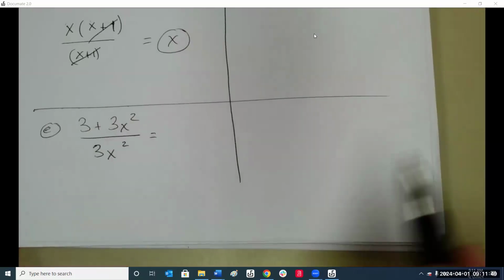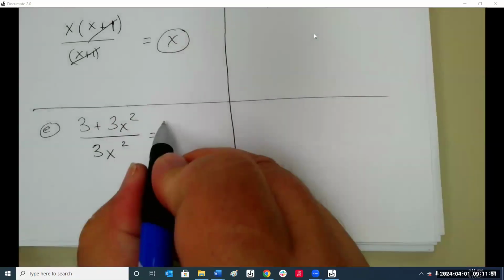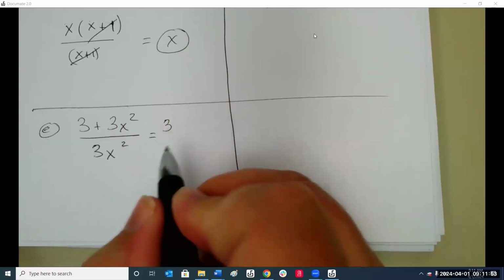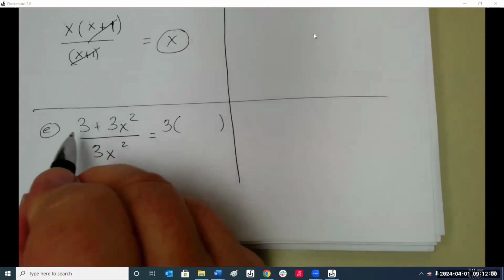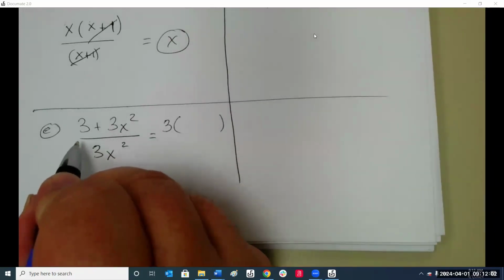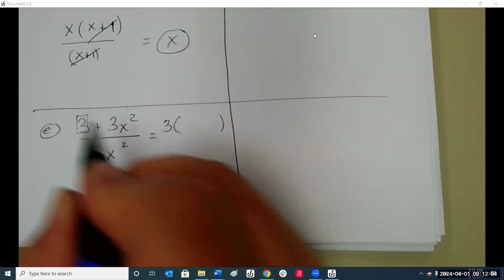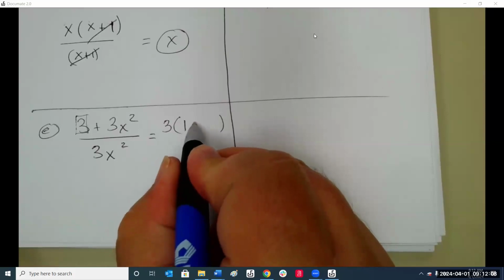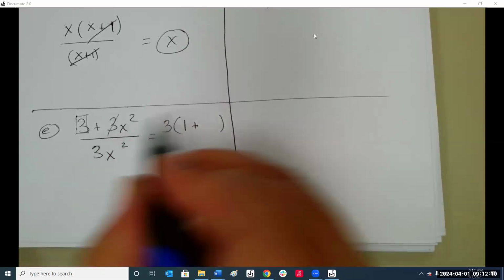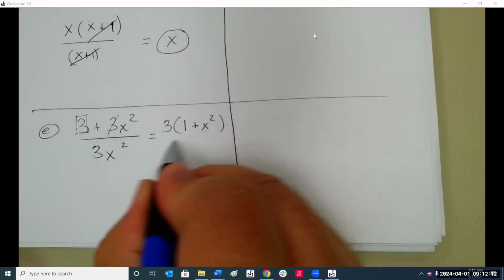On the top, they both have threes, so we can take out a 3. And then if this one's gone, what's in its place? A 1. And that 3 is gone, so we have x squared.